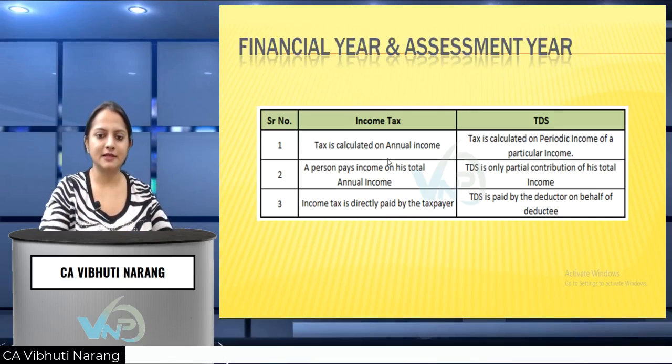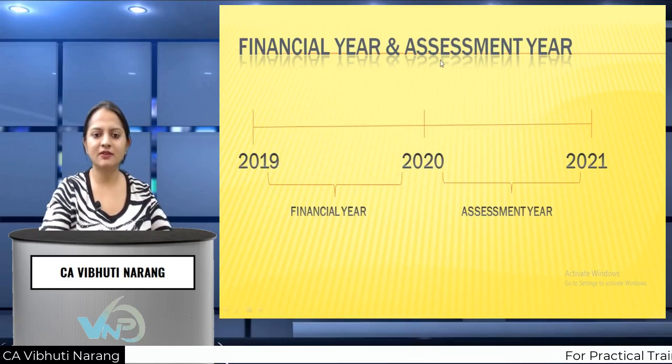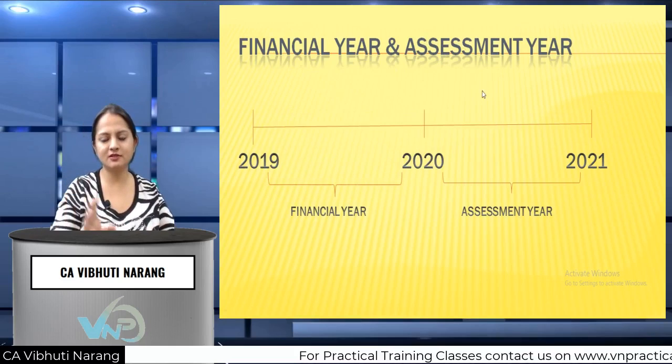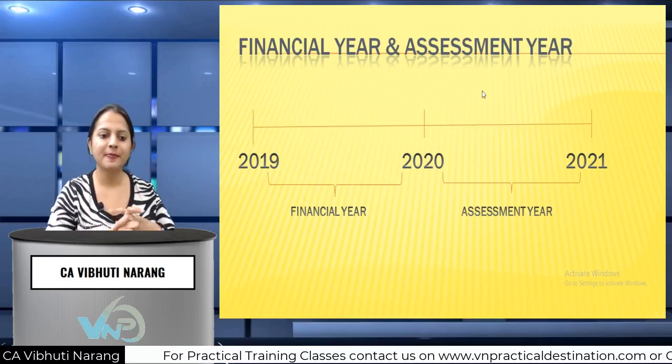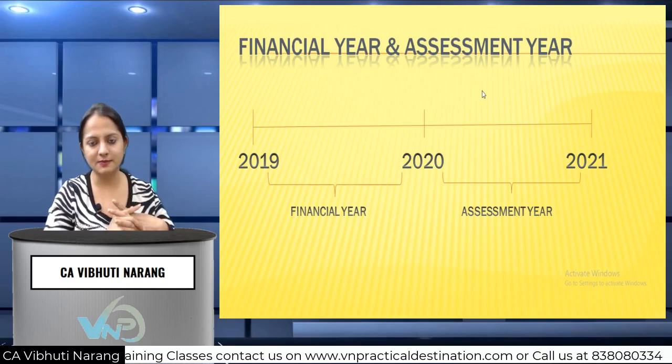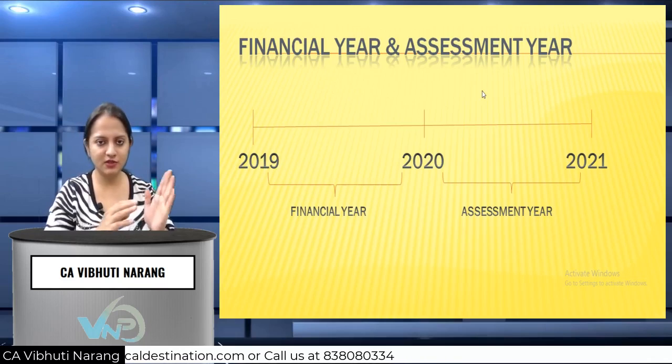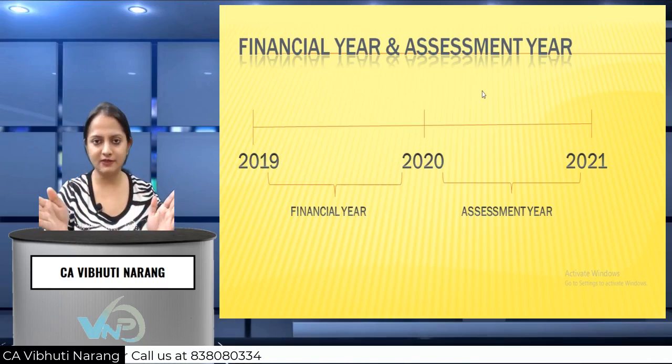The next concept, which is again a very important concept under the Income Tax Act and makes the basics of income tax, is the financial year and the assessment year. In India, the financial year begins on 1st April and ends on 31st March.